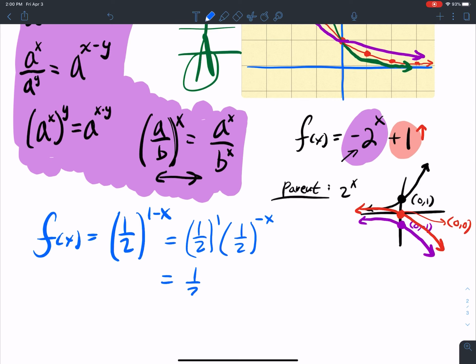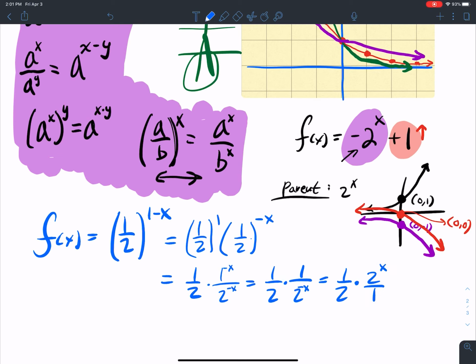So 1/2 to the 1 I can't do anything with, but this is 1 to the negative x over 2 to the negative x. Now 1 to the negative x, that's just 1. Doesn't matter what I plug in my exponent there, it's still 1. And then I have 2 to the negative x, but with negative exponents, if I flip, do the reciprocal, I can get rid of the negative exponent. So I get 2 to the positive x.